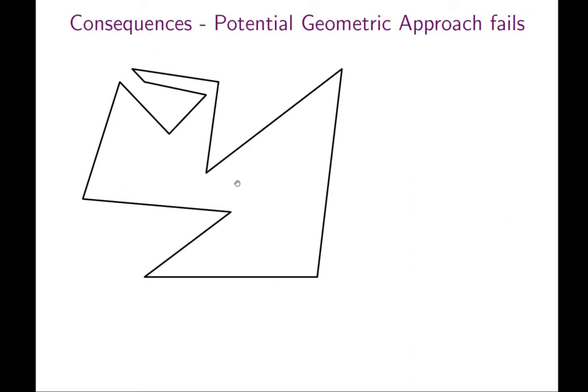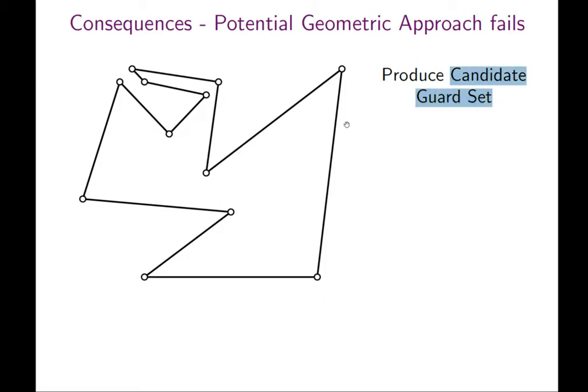And I wanted to tell you about these potential geometric approaches, and you will immediately see why they fail. So what people do, I told you there is this practical algorithm, and what they do is they try to find a candidate guard set. So they say, we don't want to consider all these infinite guards, right? There are infinitely many potential guards.